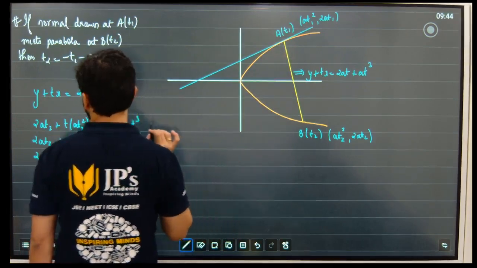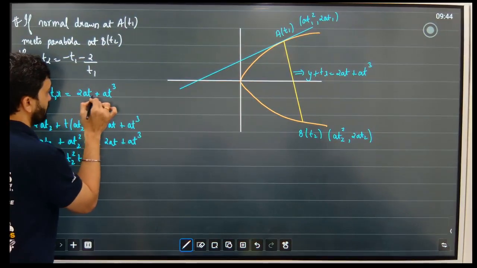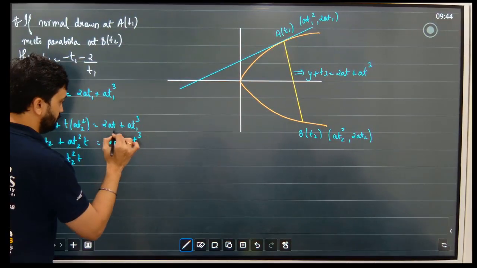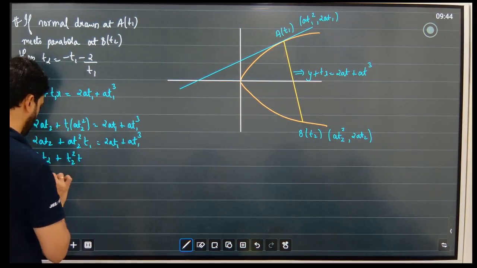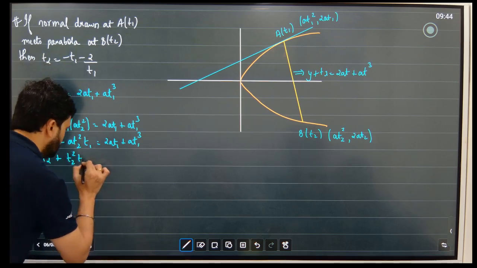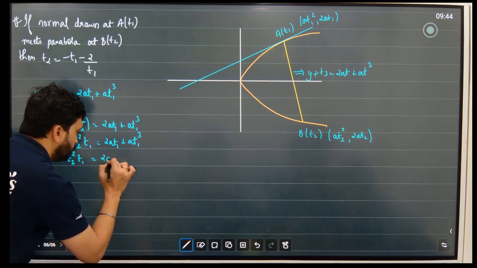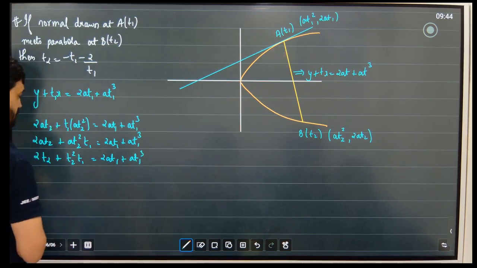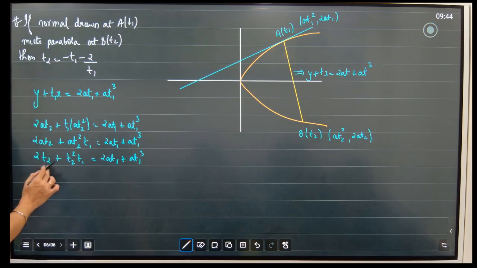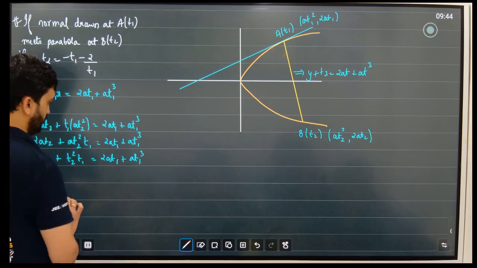Now for me, what I'll do is take this as t1. So this will become t1 is equal to 2at1 plus at1 cube.